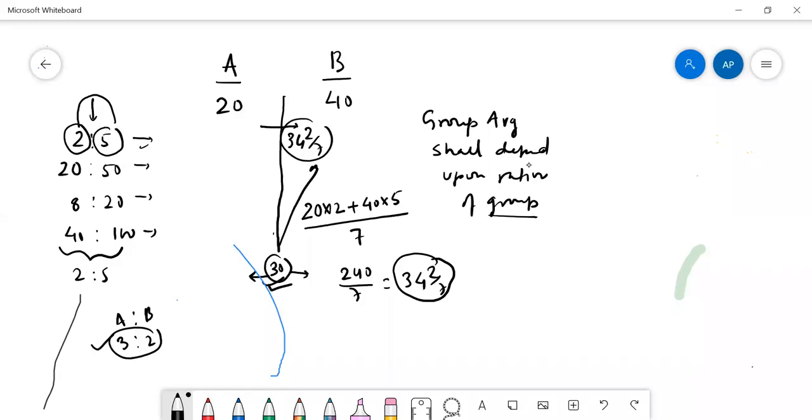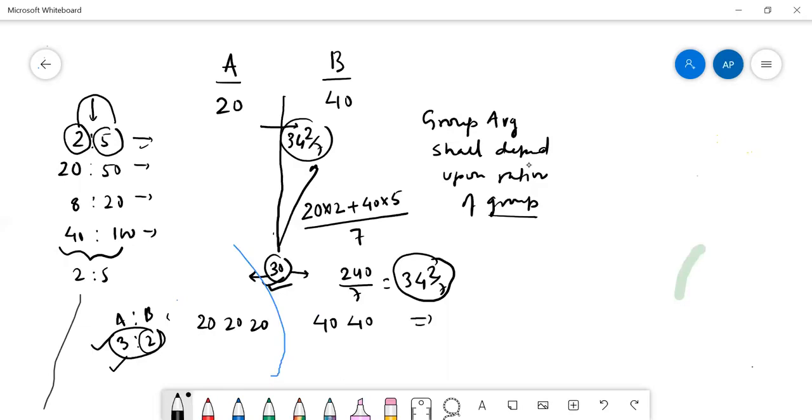तो चलो यहाँ पे ग्रुप ए के पास 3 स्टूडेंट्स हैं, ग्रुप बी के पास 2 स्टूडेंट्स हैं. एंड व्हाट वी नो कि एवरेज जो होगा वो हमेशा इस केस में 30 से कम आएगा. कैसे कम आएगा? ए के पास 20 के 3 स्टूडेंट्स हैं एंड बी के पास 40 मार्क्स के 2 स्टूडेंट्स हैं.